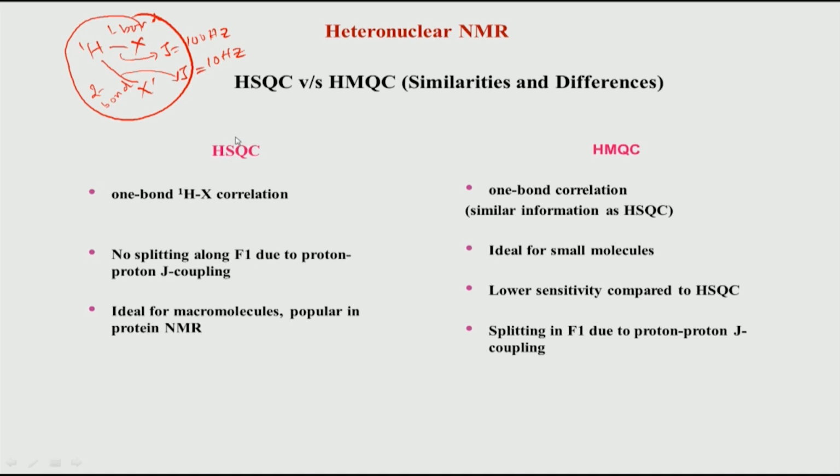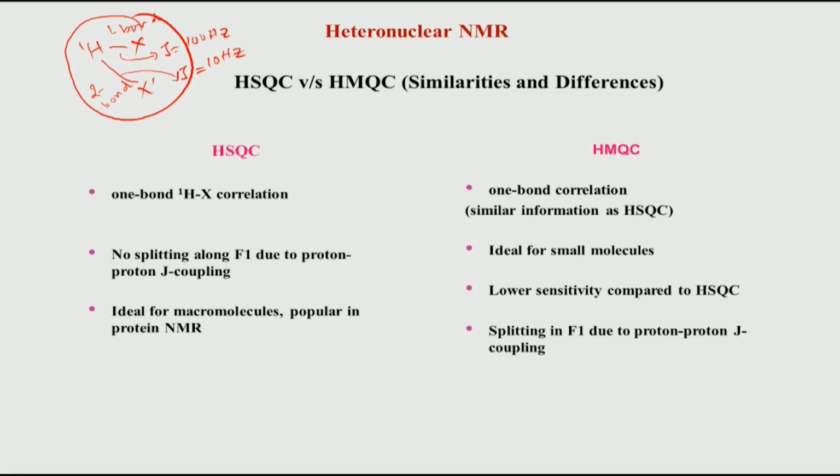So, that is why multiple quantum is less sensitive. That is why we prefer HSQC for biomolecules, where the molecules are very large in size. So the signal to noise in biomolecules is always lower compared to small molecules.